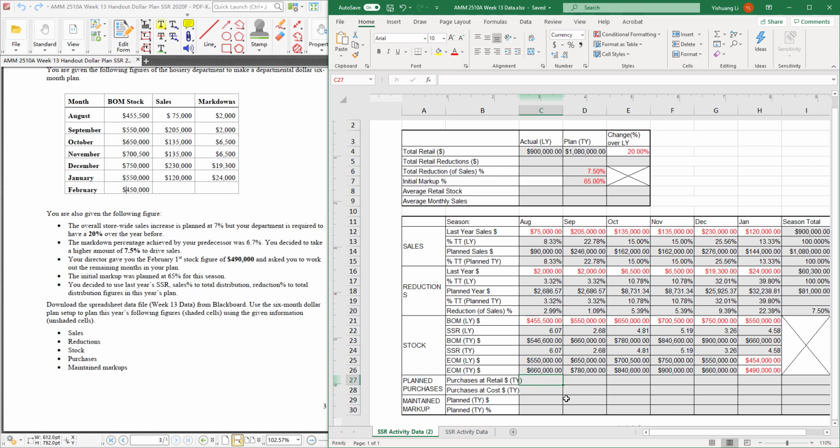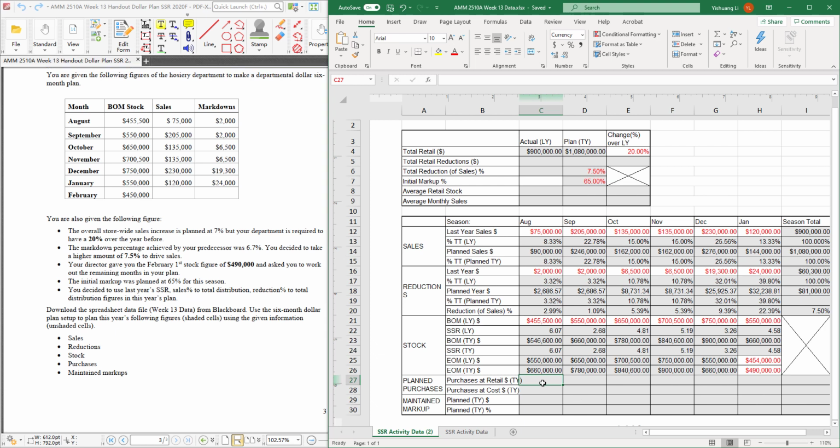Now we are looking at the last two sections. Purchases at retail of this year equals, everything should be this year's number, this year's EOM plus this year's reduction in dollars, sorry, plus this year's sales in dollars and less the BOM in dollars.